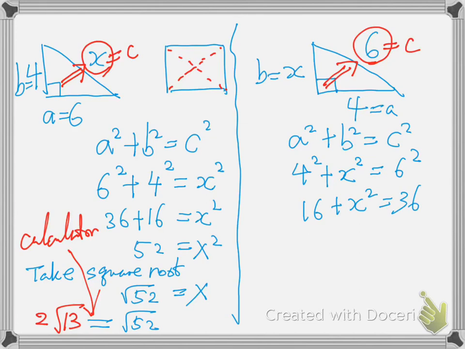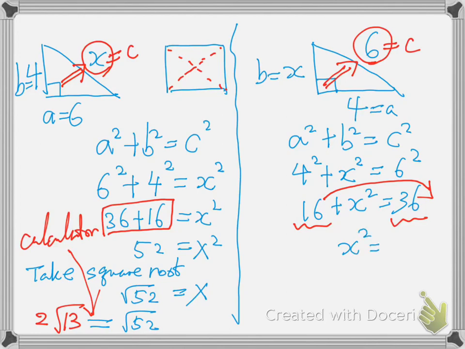So now you cannot add 16 and 36 like in the other example. In my second example, 16 and 36 are on different sides of the equation. So you cannot add them. You have to move 16 to the right. You will get a new equation.